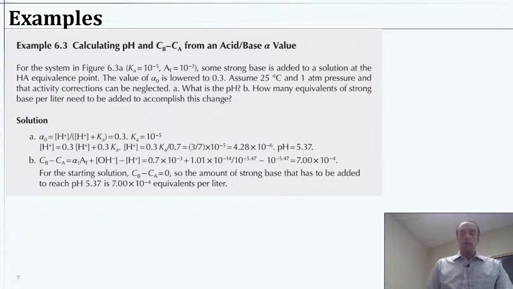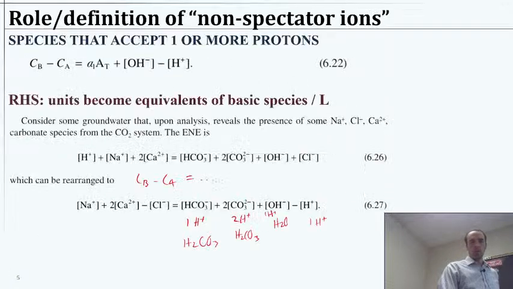Okay, we could take a look at some examples. There's a couple here that may be worth your time to come back to and look at. So I'll read through it. We're not going to solve it right now, but this one says we can calculate pH and the net strong base, so Cb minus Ca, from an acid base alpha value. So for the system, and I don't think I brought that figure with us.